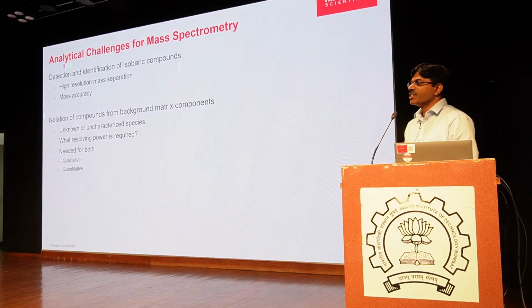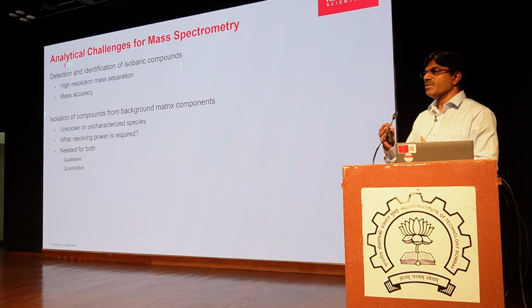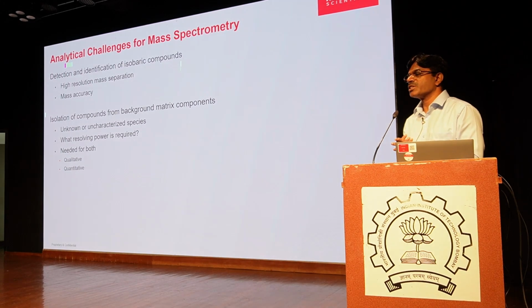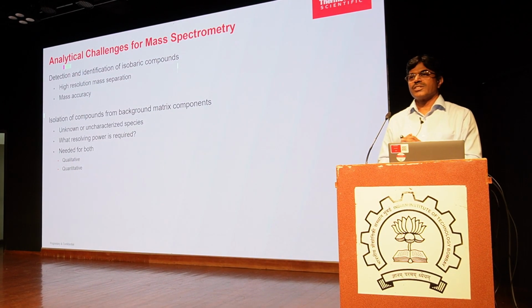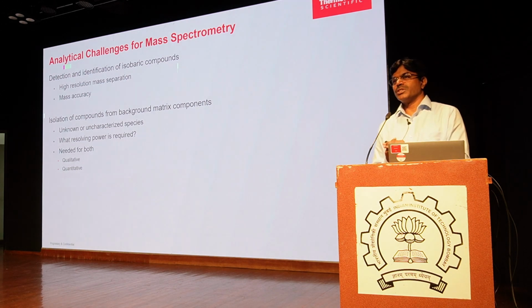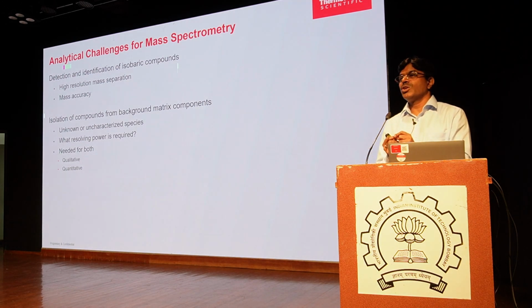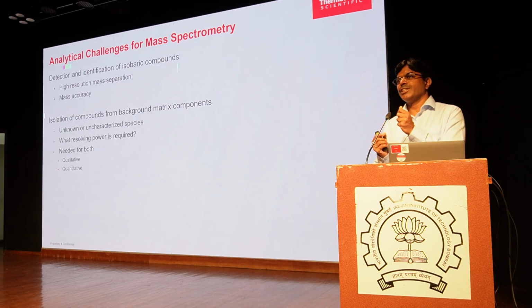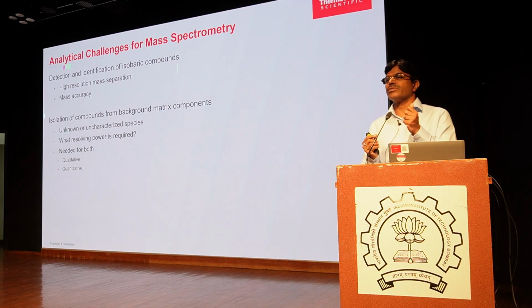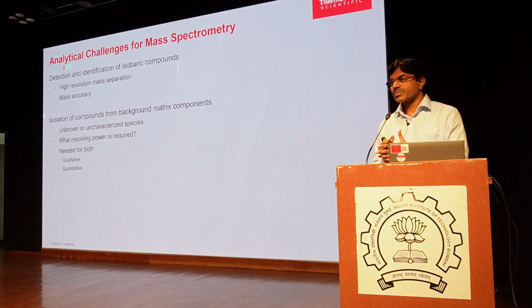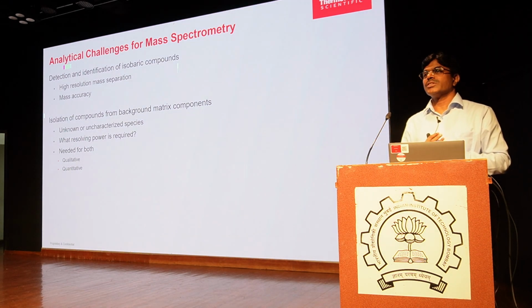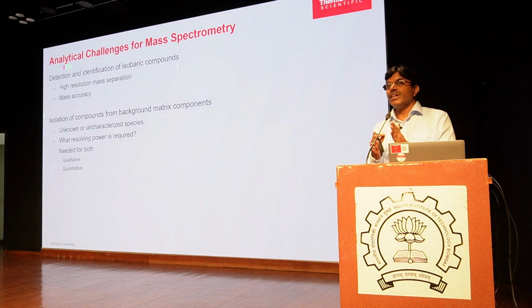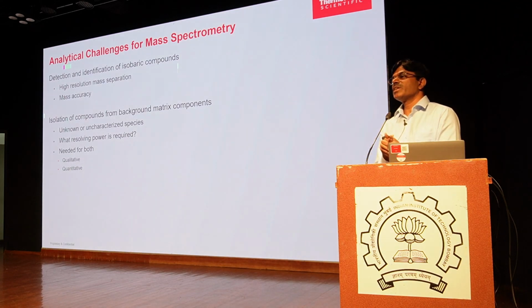But what are the challenges that we face in mass spec? Why do we have to go into high resolution mass spec? One of the biggest challenges is separation of isobaric species, species having very close molecular weight. If my molecular weight is 182.123 and another one is 182.125, the unit resolution or nominal mass spectrometer will not be able to separate them, because its minimum resolution is 1 atomic mass unit.